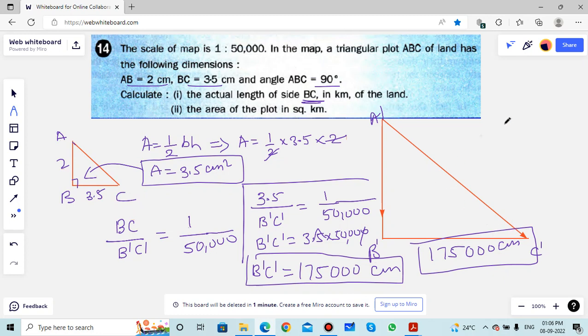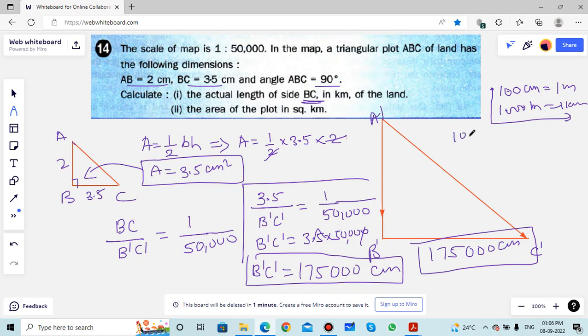So for kilometer, how do you convert that? We know that 100 centimeter is equal to 1 meter, and 1000 meter is equal to 1 kilometer. So if you move from centimeter to kilometer, how many zeros are there? 1 2 3 4 5, right?